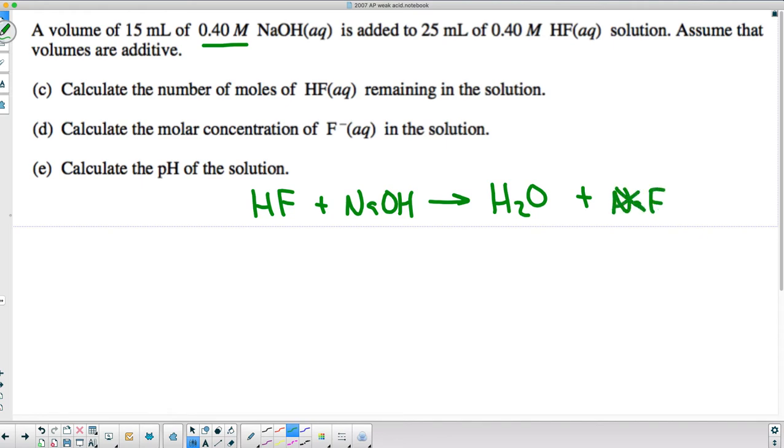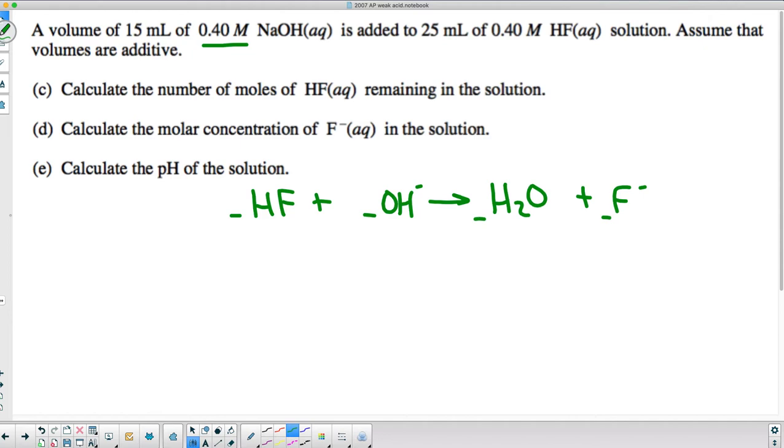What we can do is get rid of the Na, because Na, as you know, would be considered a spectator ion here. So this is just the net ionic equation. Let me get rid of that so it's not in our way at all. Okay, good. So notice that there's all ones here, which makes this calculation a lot easier.